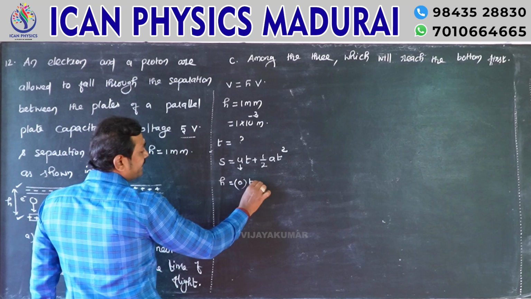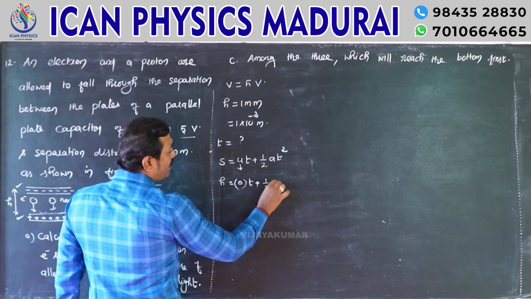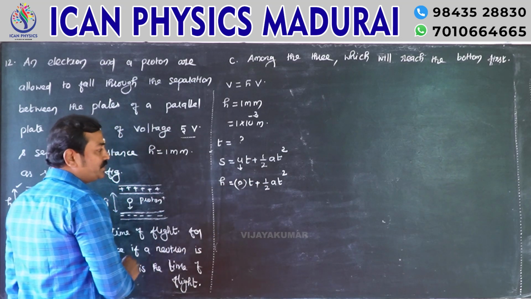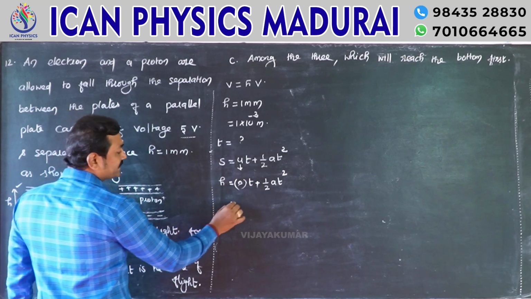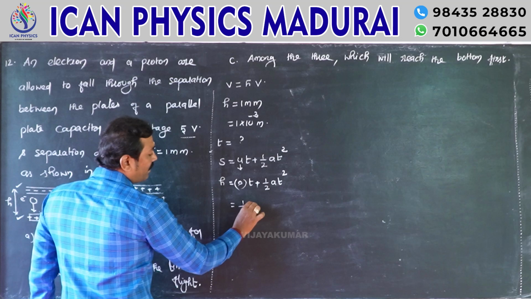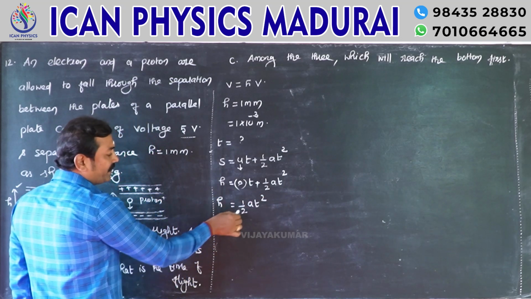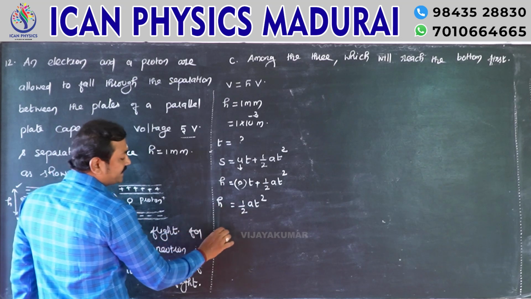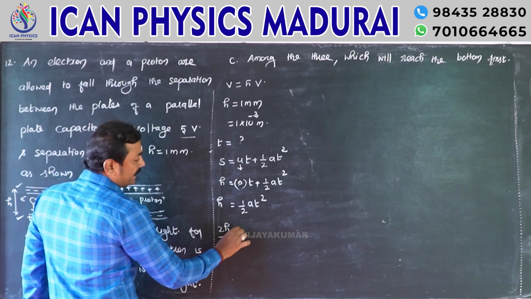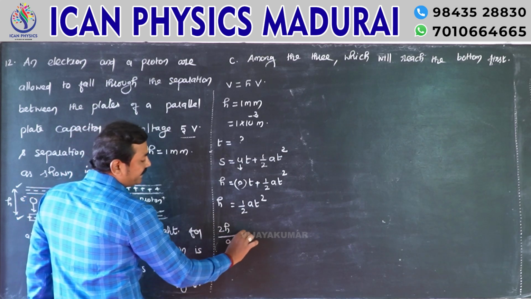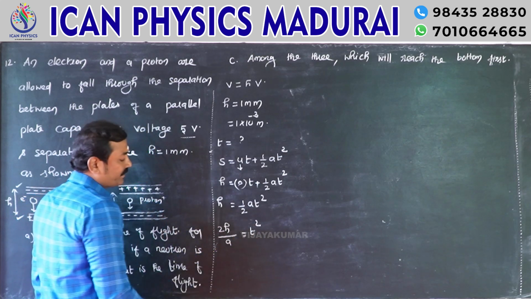Then, time taken is t. So, 0 into something is 0, and it becomes half a t squared equal to h. Okay. So, the division 2 comes to this side as multiplication 2, and the multiplication a comes to this side as division a, equal to t square.